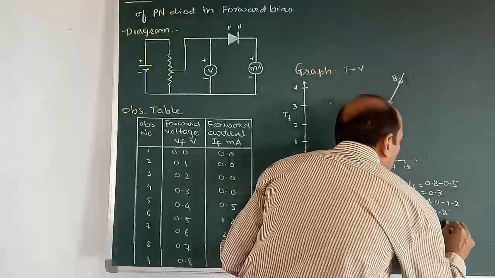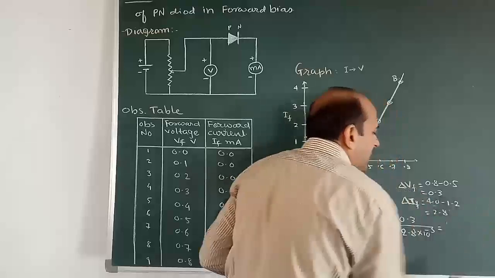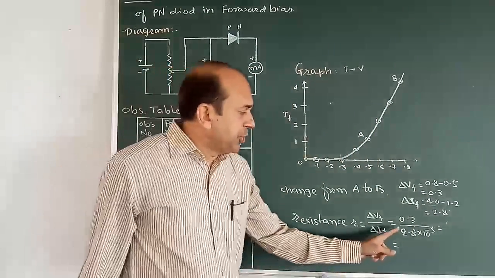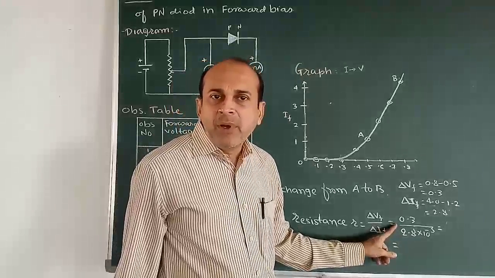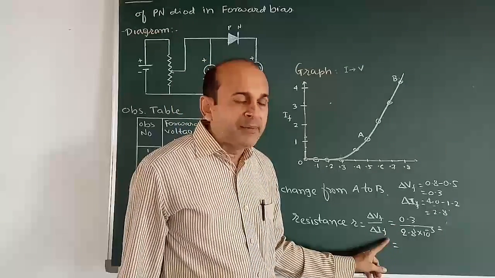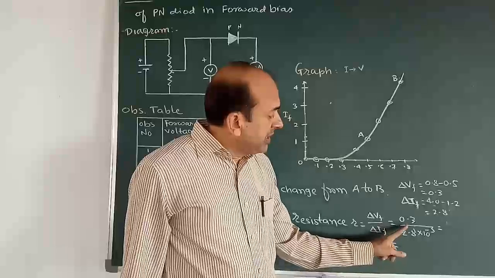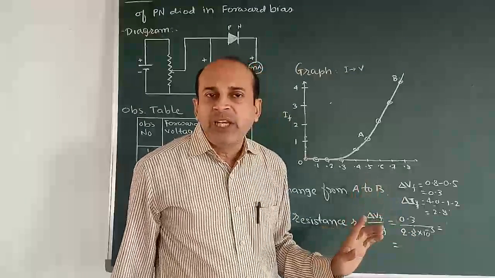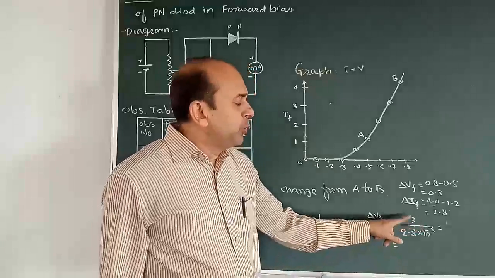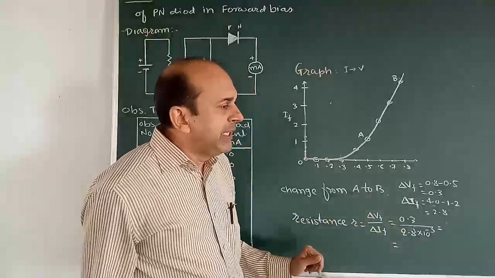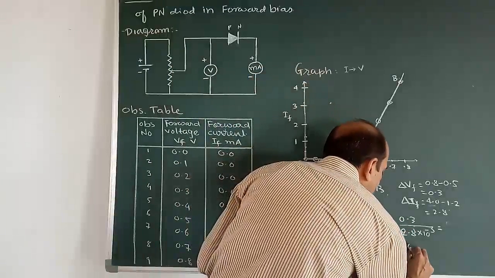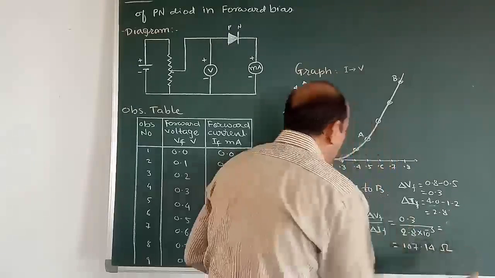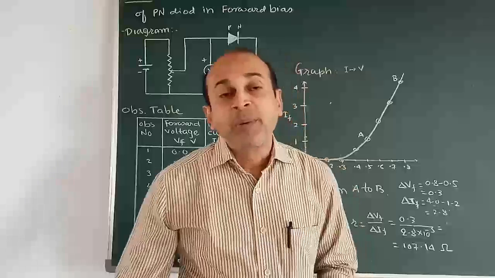So by substituting this value, delta V_F upon delta I_F, it is 0.3 divided by 2.8 into 10 raised to minus 3. So it will be equal to 300 divided by 2.8. The answer is 107.14 ohm, which is the resistance of the diode for the forward bias.